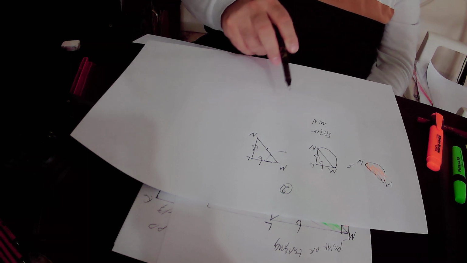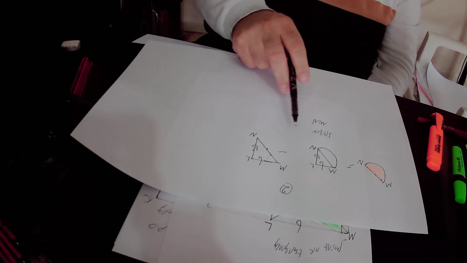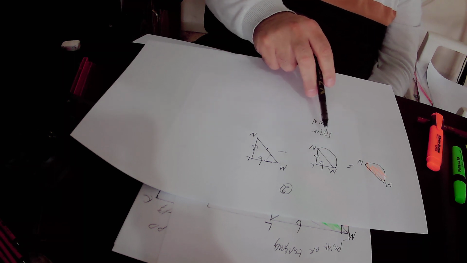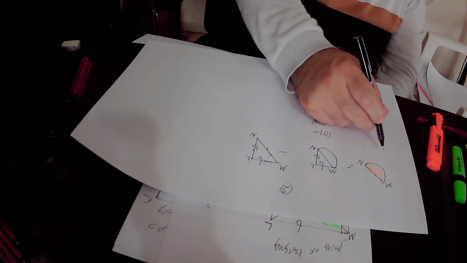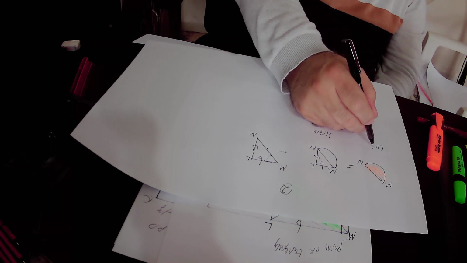If you subtract the area of triangle MLN from the area of sector MLN, you will get exactly the lower circular segment MN.